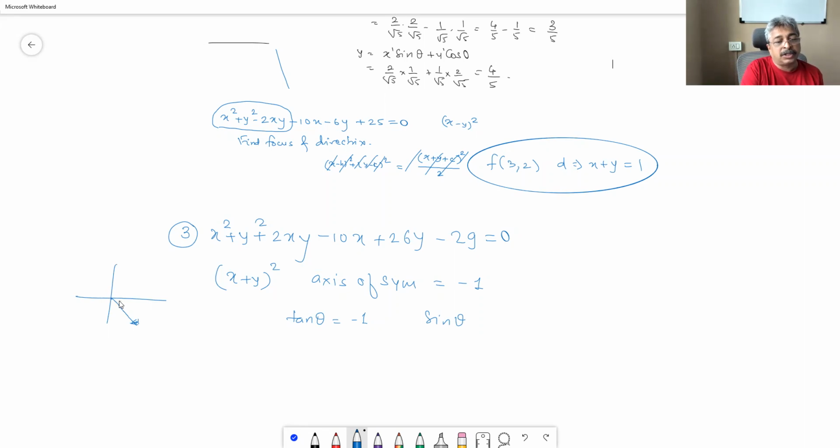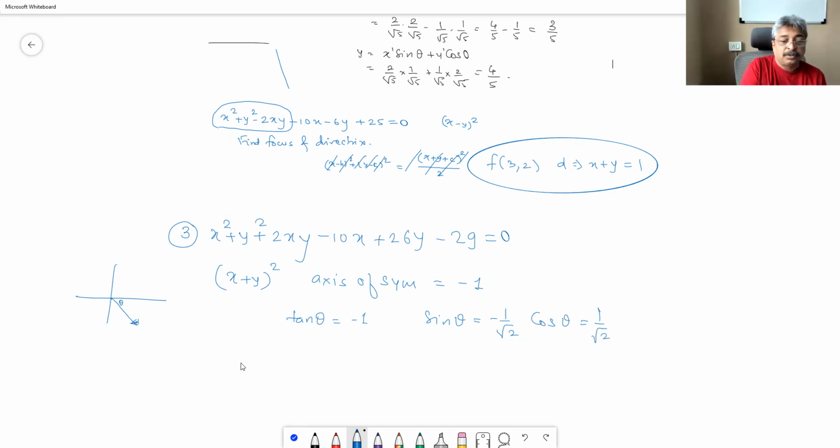So this is your theta. Your sin theta is going to be negative 1 upon root 2, and cos theta is going to be positive 1 upon root 2. That is the only thing that we want.